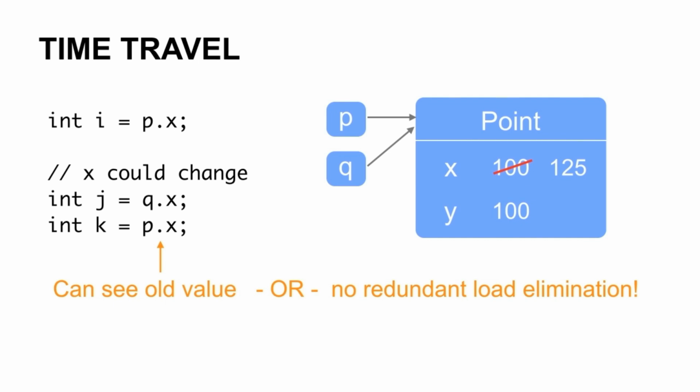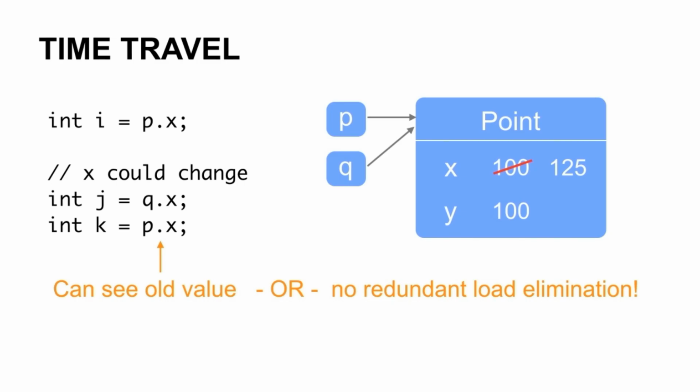So it's possible for the first read of p.x to see a value of 100, and before we run q.x, the value could be changed by another thread to some other value, say 125. And so j is 125. But what about k, which is set to p.x? Well, since we can do redundant load elimination, that means that it is okay for k to see the original value of 100. And now we've traveled back in time.